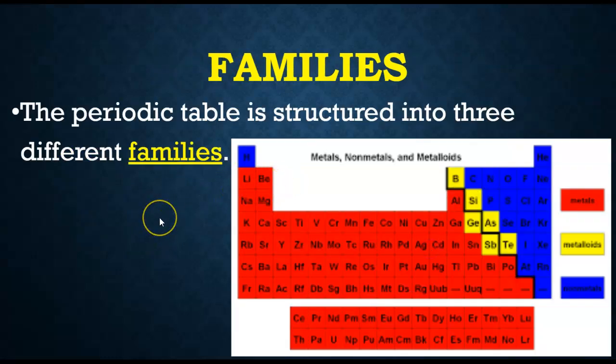All right. And taking it a step further, the periodic table is structured into 3 different families. You've got these 3 right here. What you're going to do with your periodic table that has been given to you, you are going to color based on this. The AT is actually supposed to be yellow, so please color that one yellow instead of blue.